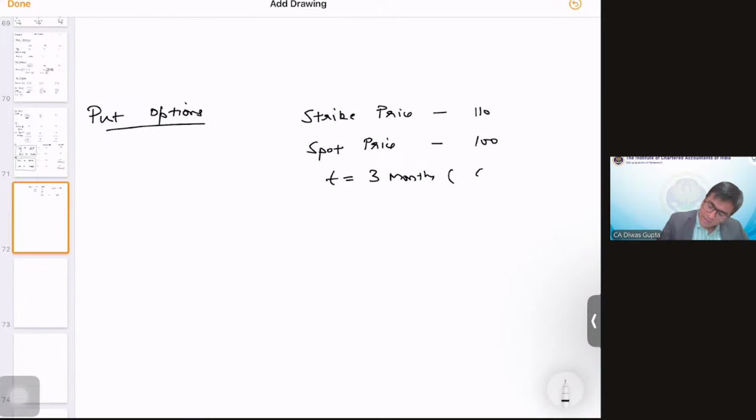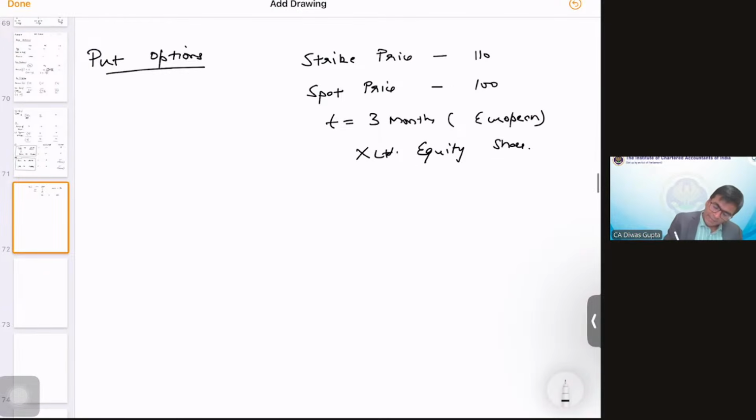And for simplicity, we are assuming this to be a European option. And we are talking about X Limited equity share. Similarly, continuing with our previous example, Mr. A is the holder and Miss B is the writer.